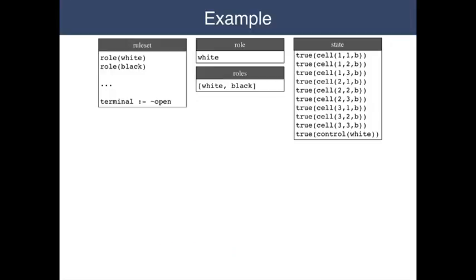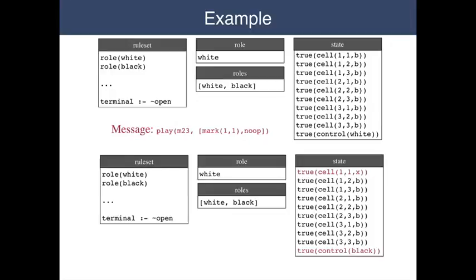The game manager checks that the actions of all the players are legal. It simulates their effects and updates the state of the game, and then sends play messages to the players to solicit their next actions. In this case, the player will receive the message shown here, mark 1-1 from the white player, and noop, the only legal move for the black player. Again, the player invokes this play handler with the arguments passed to it by the game manager.